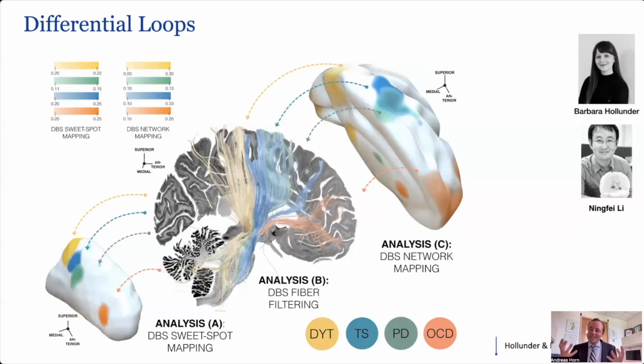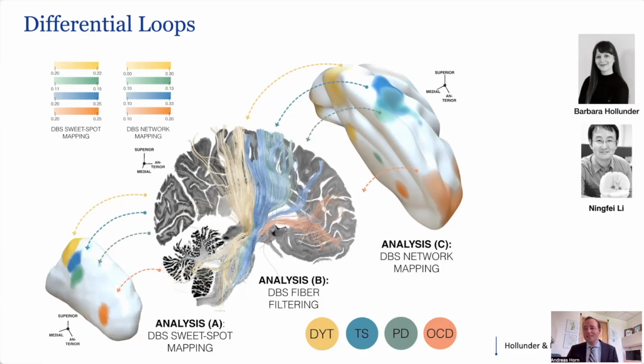So this demonstrates in a way that we can maybe use DBS network mapping and fiber filtering to segregate the human connectome, and do so using somewhat causative inferences, or at least these electrodes really do something with the brain. So the fiber tracts are not causal, but the effect of applying DBS is some causal intervention we put to the brain.